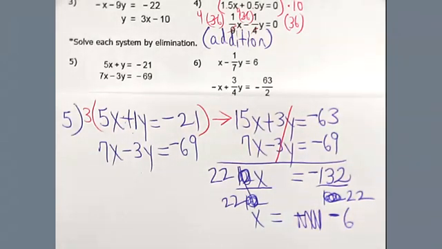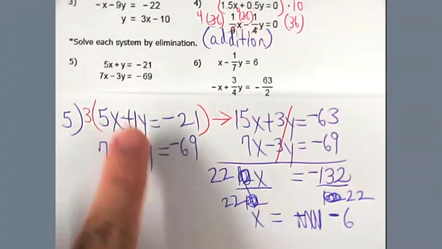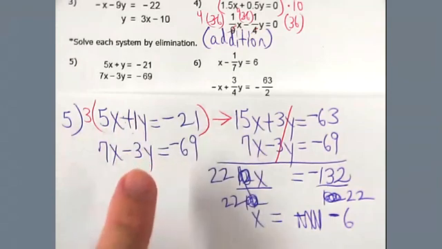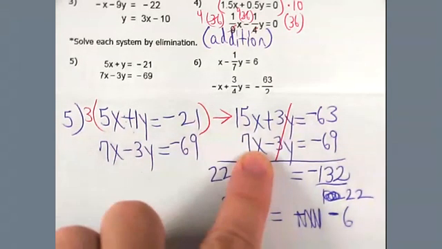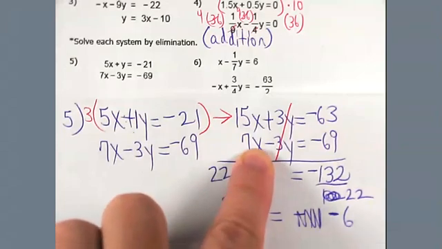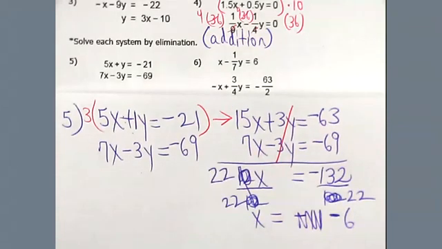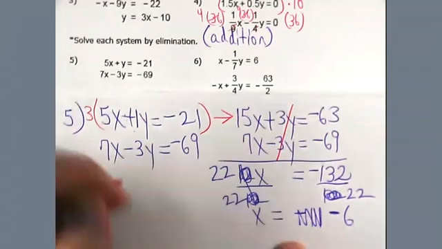Now, we need to go back and find the y value. You can pick any of the original equations, or even the modified equation if you want to use that. I'm just going to use the first original equation, just randomly picking it.